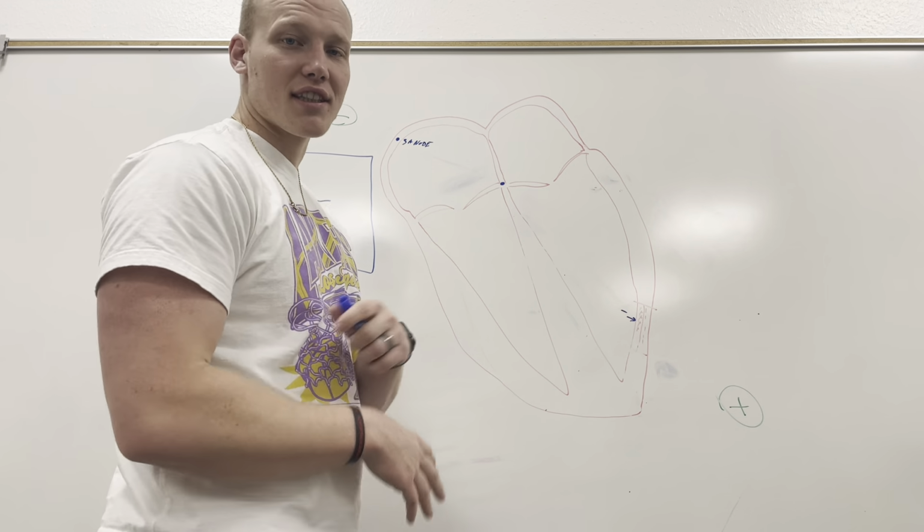All right, so the next thing we want to talk about. We can erase these leads because we're done with ECGs. If we have some autonomic nervous system and things that affect the heart.